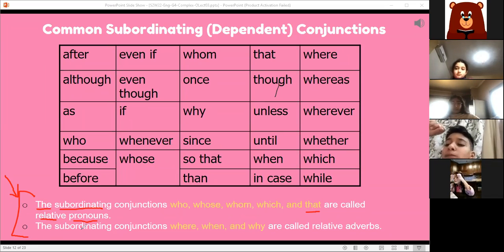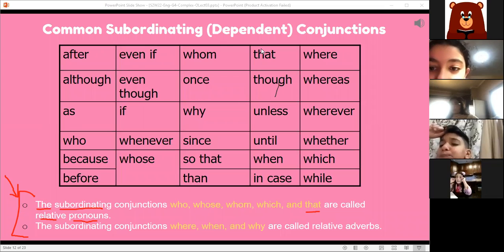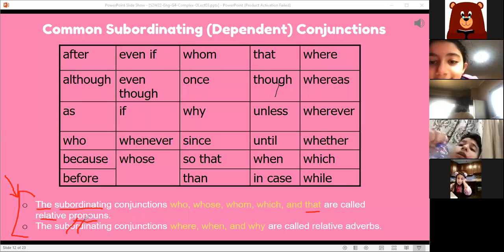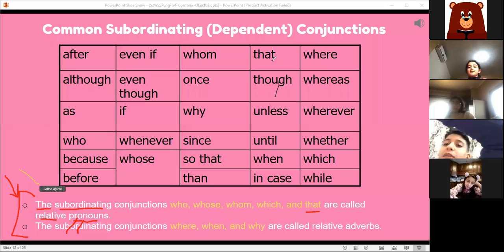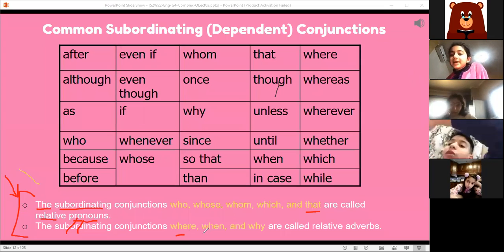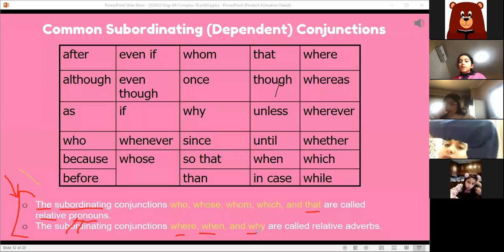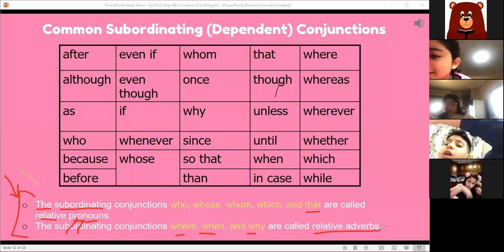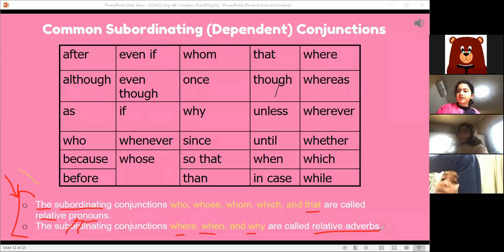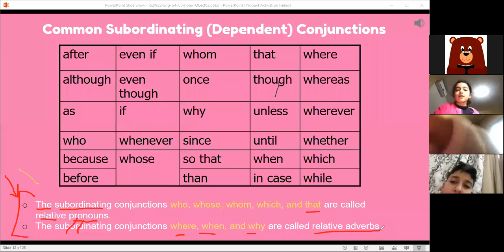Okay, Salma. So these are called relative pronouns. Yeah, continue. The subordinating conjunctions where, when, and why are called relative adverbs.